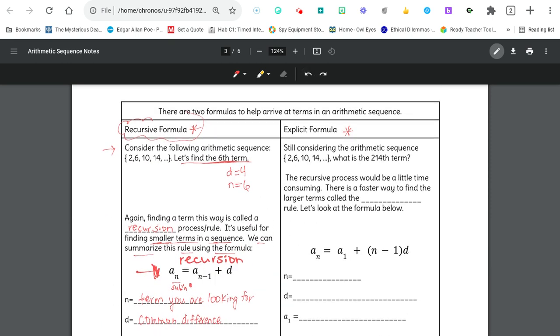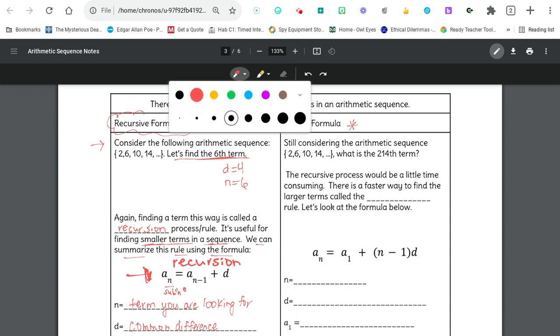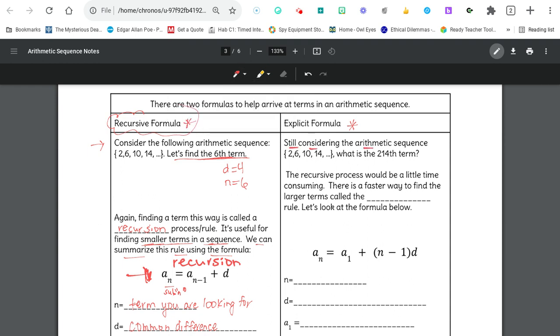All right, now let's talk about the explicit formula. Again, the recursive formula is very good if you're just going to be finding smaller terms. It's the only reason I would use it. Now go to where it has explicit formula. It says, still considering this arithmetic sequence 2, 6, 10, 14, what is the 214th term? The sixth term is very different from the 214th.